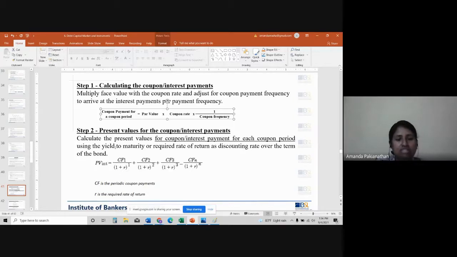For each particular timing, I will discount the cash flow to find its present value. Now CF1 is the coupon payment for one coupon period. So that amount will be same, constant. Remember again, that's also according to the calculation, but usually it's same. Now I'm going to discount this to find the present value.